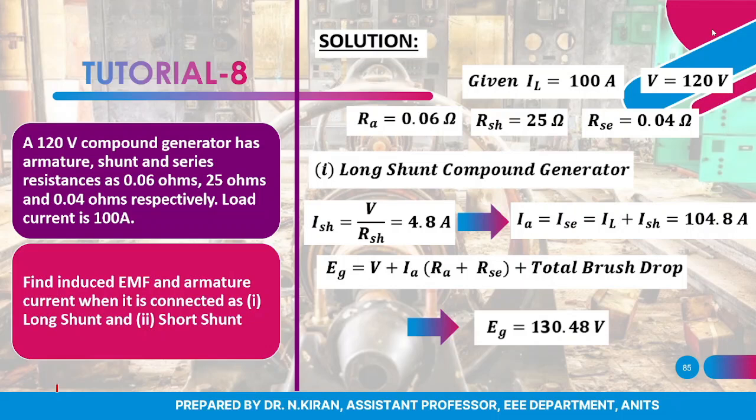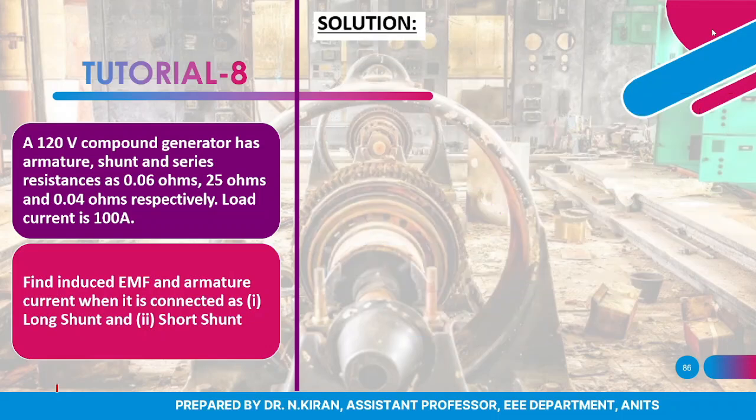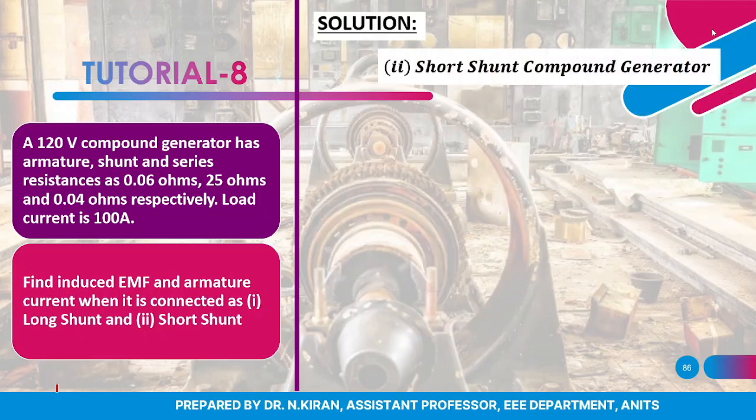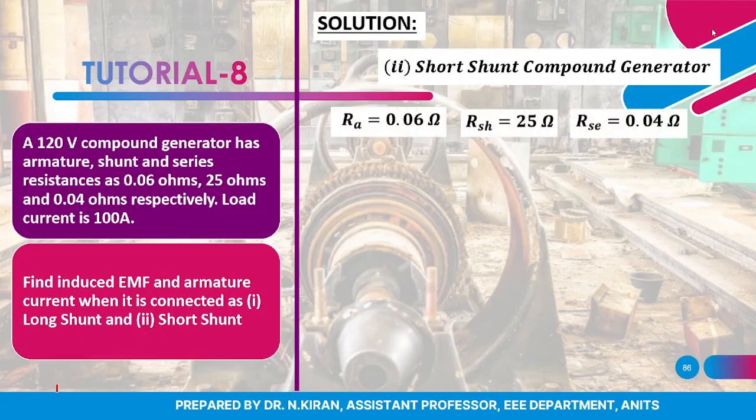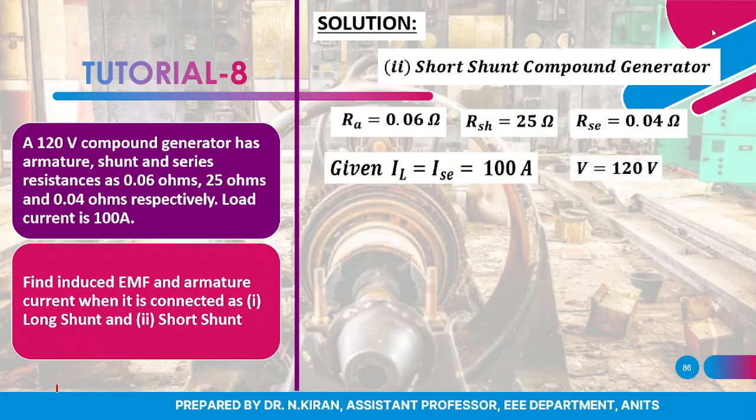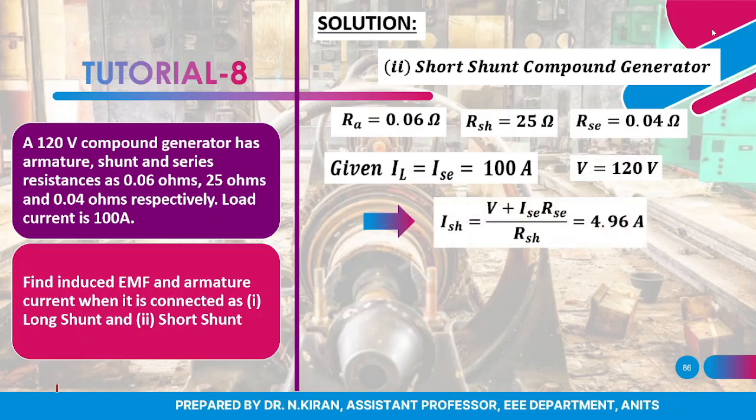In the second case, I need to consider short shunt generator. The values of RA, RSH, RSC are the same. IL is given as 100 amps, V is given as 120. So we need to find IA, isn't it? In order to find IA, first I need to find ISH.